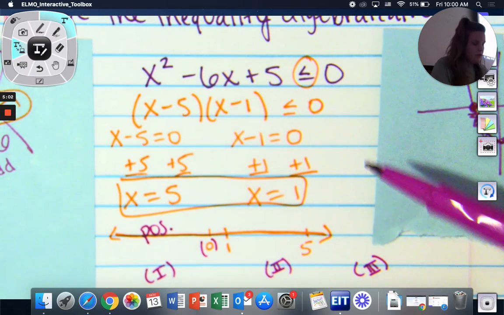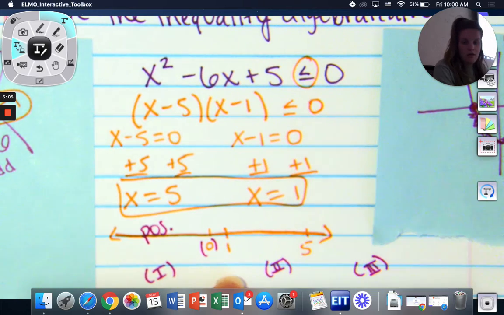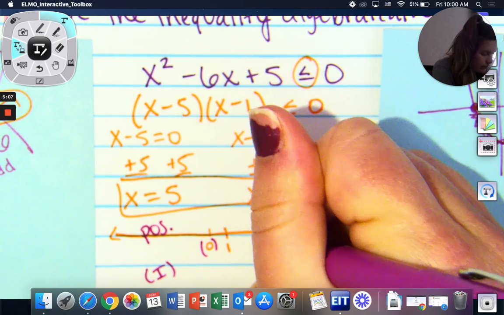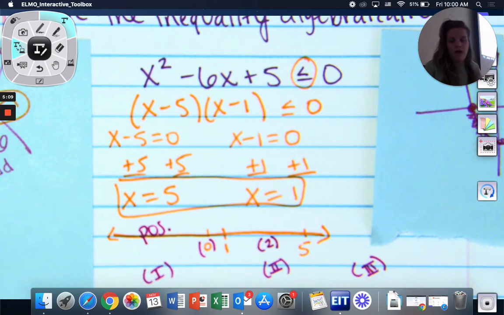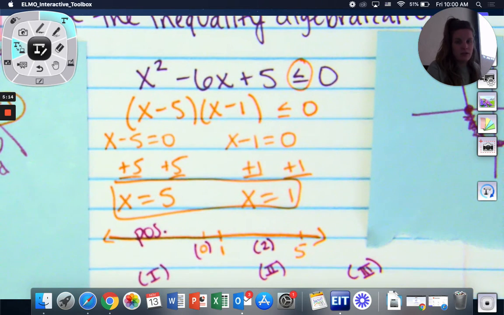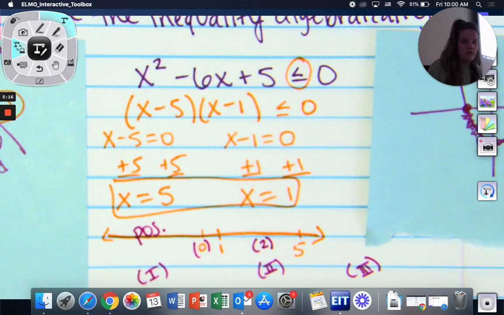Then we have to pick a number between 1 and 5, so I'll pick 2, but you could pick 3, 3.5, 4, or 4.1. Everybody could pick a different number, and you're going to get the same positive or negative result.